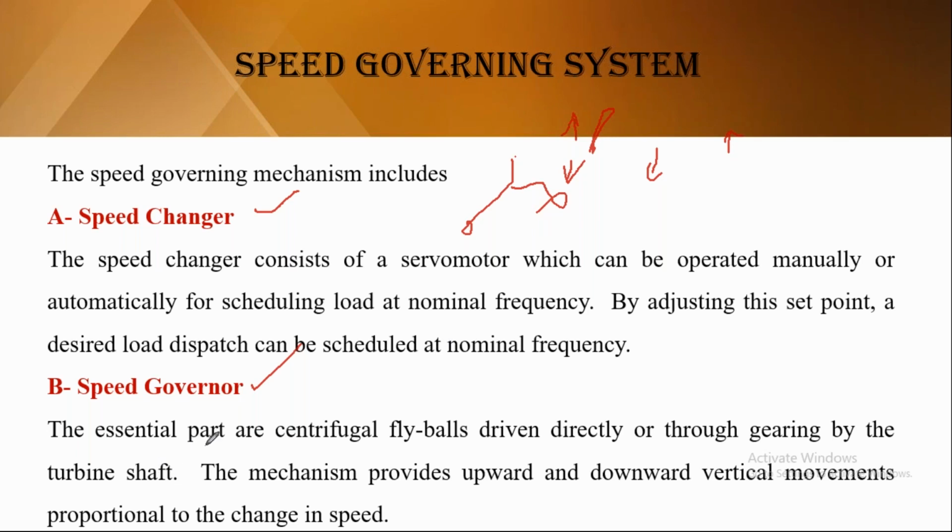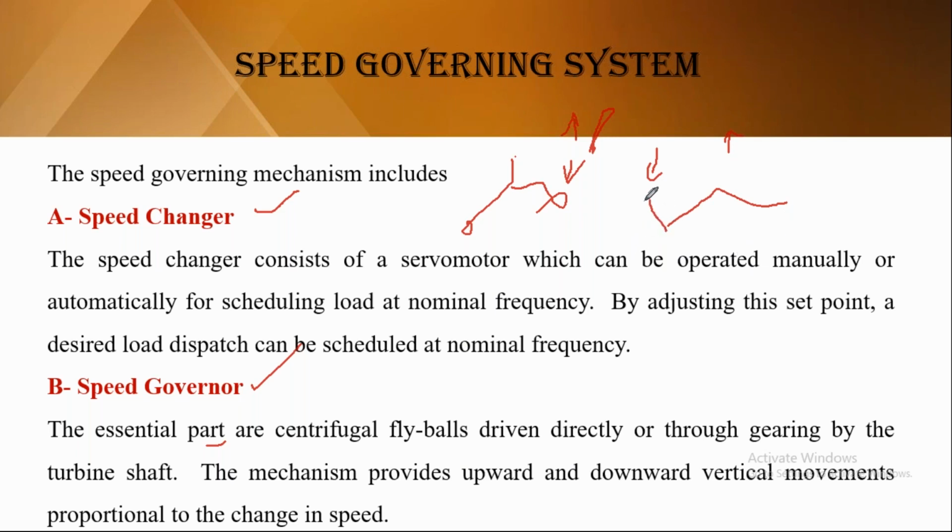Now see here, this is the essential part: centrifugal flyball wheels driven directly or through gearing by the turbine shaft, and the mechanism provides upward and downward vertical movements proportional to the change in speed. So this flyball makes the upward and downward movement of the linkage mechanism. If you see in this diagram, this is the linkage mechanism.